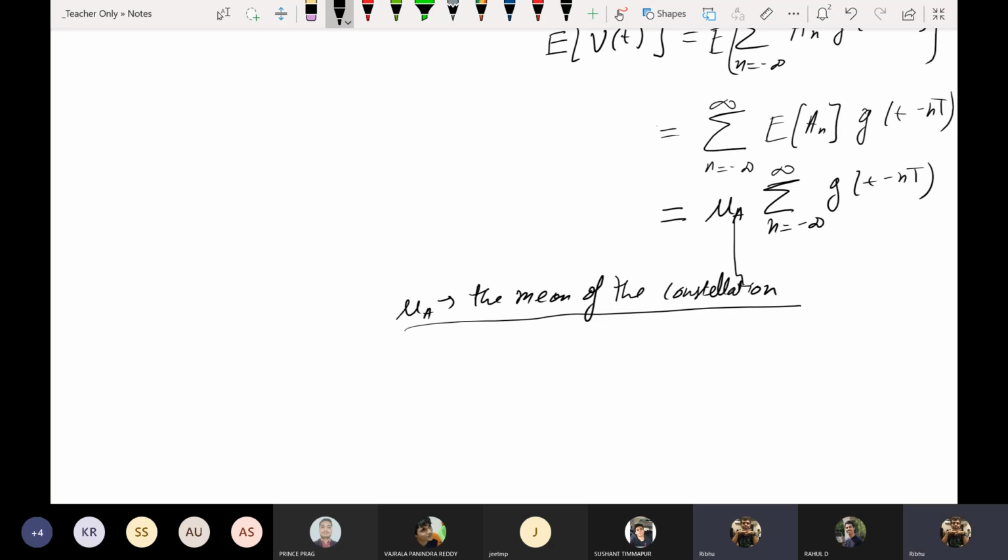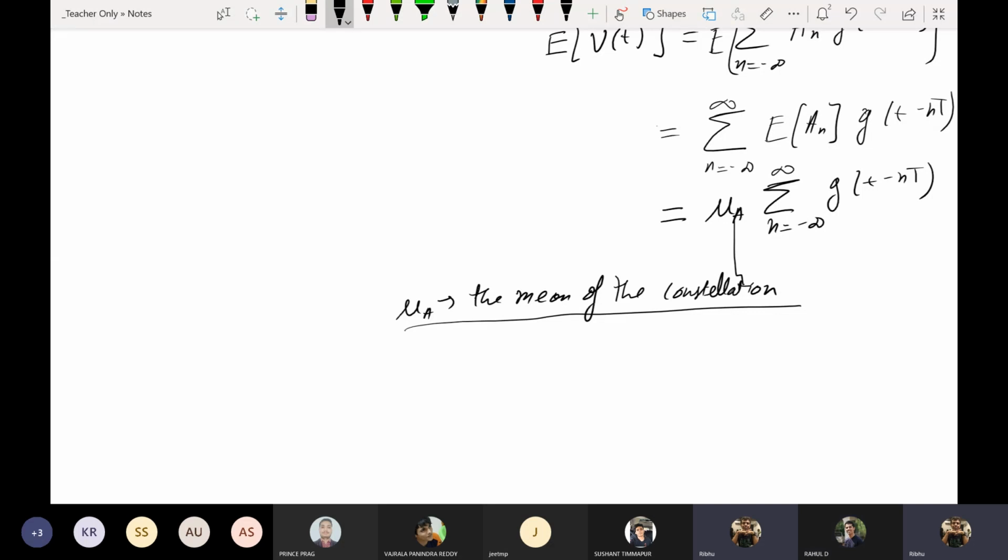That symbol we know what we are sending. We are talking about V(t) as a random process. Okay. This is a constant.